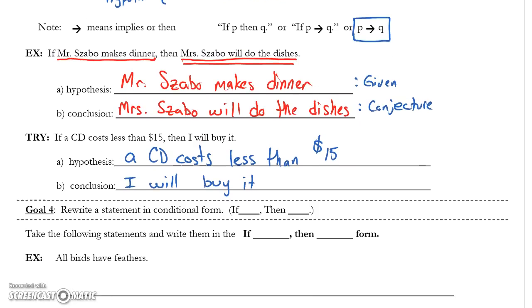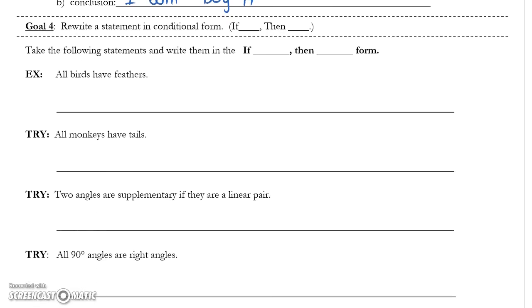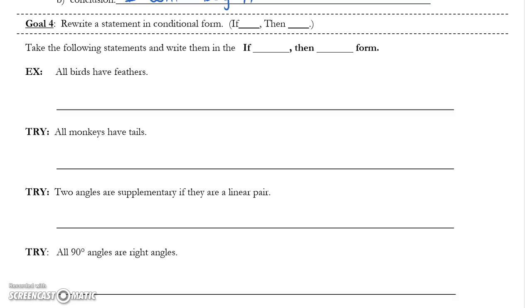Now, conditional statements are not always given to us in if-then form. Sometimes we have to do the physical rewriting of it to put it in if-then form to be able to identify my conjecture or my hypothesis. So, example, this says all birds have feathers. That's just a statement, but we could convert that into an if-then sentence.